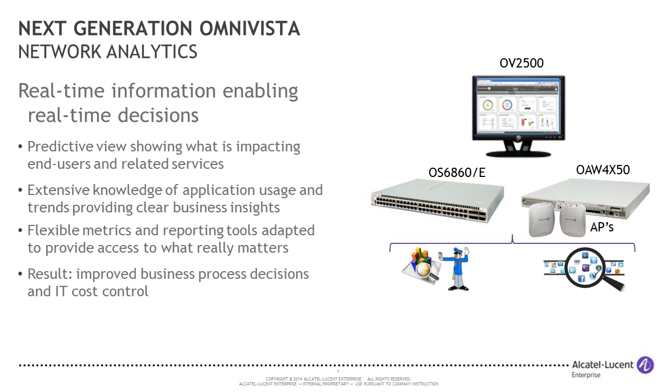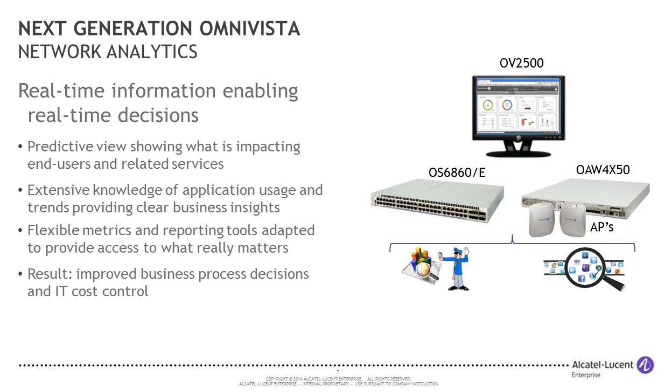If you need to make a decision to change the behavior of an application in your network, you're going to be doing that at the OMNIVISTA 2500 level and pushing out those policies, those rules, to the 6860s in your network. So, with the OMNIVISTA 2500, you're going to get that application visibility. You're going to be able to see who your top application users are. You're going to be able to analyze the performance of these applications and take appropriate action using the capabilities built into the 6860.